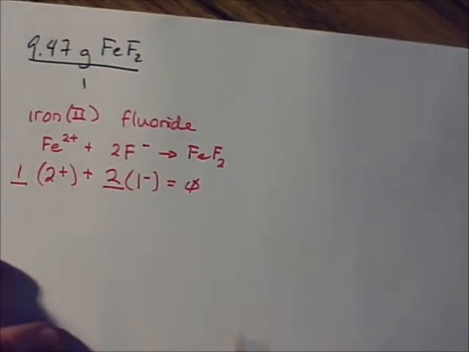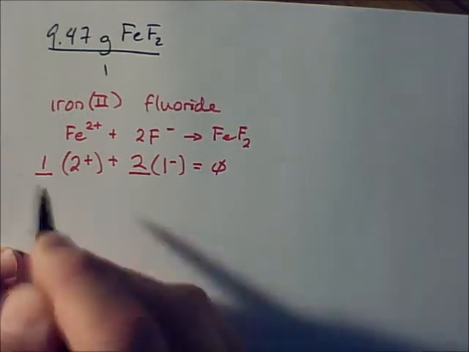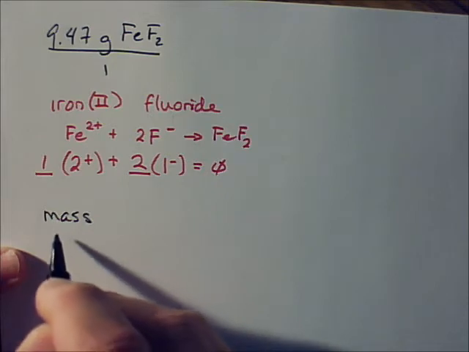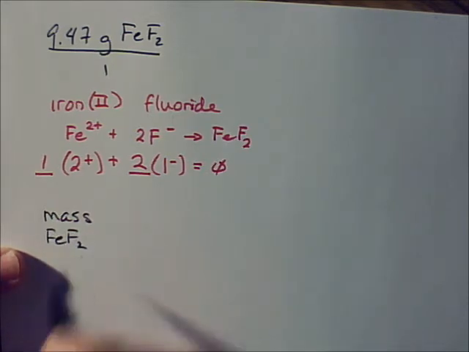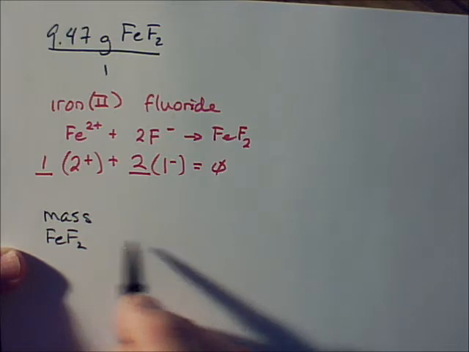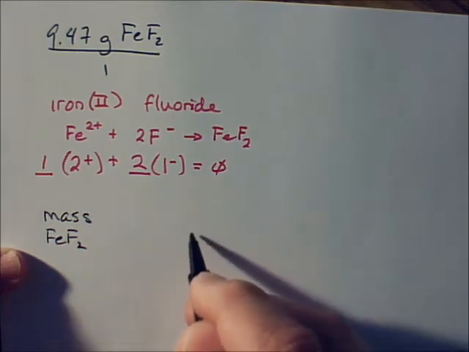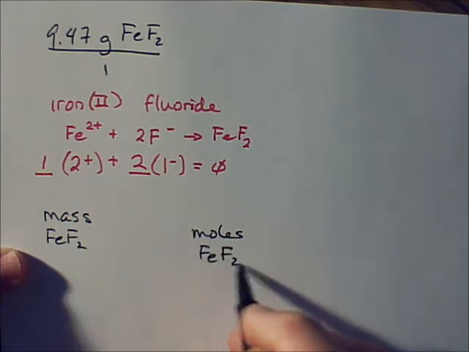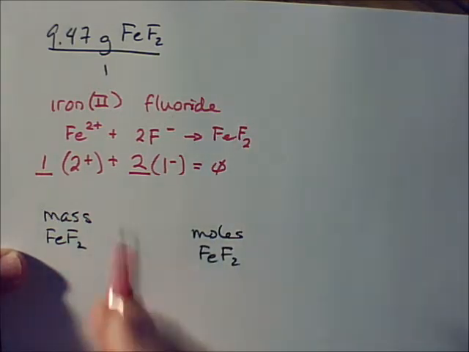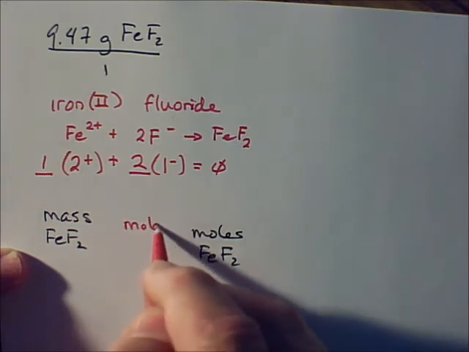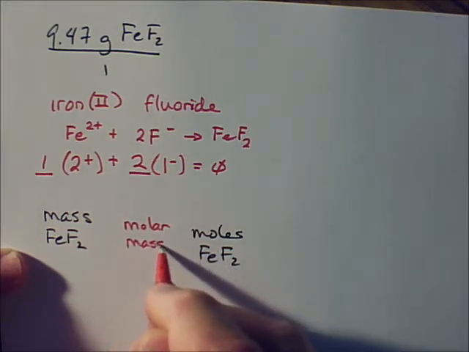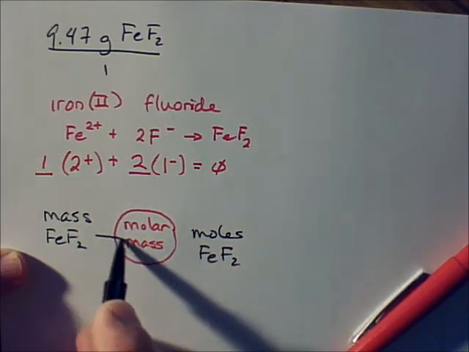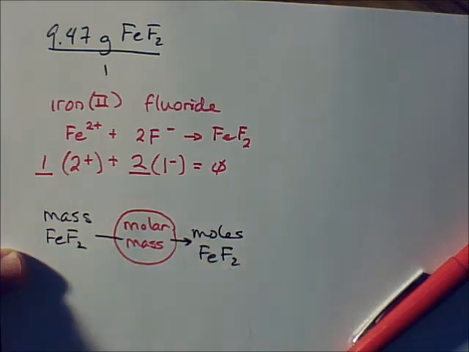What we have to do is convert the mass of whatever your starting amount is, so we start with the mass of iron(II) fluoride, and from that we convert to moles of iron(II) fluoride. The way you convert from one to the other is to use molar mass.